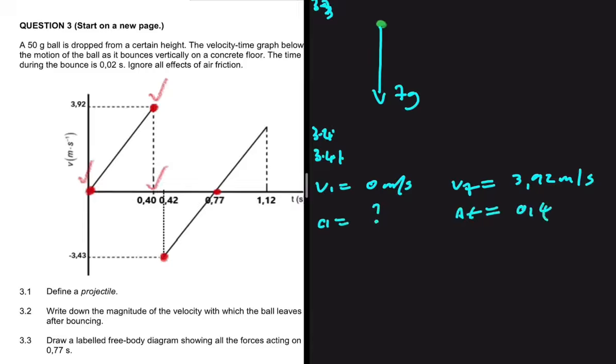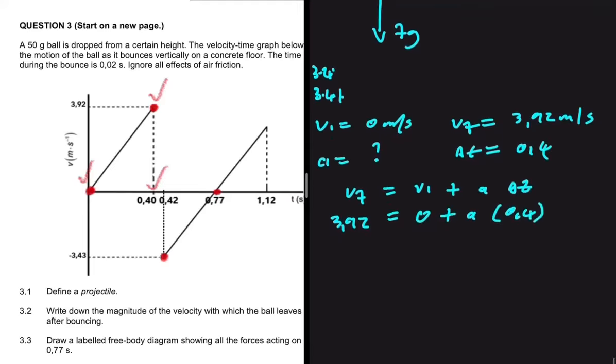So we're going to have VF equal to VI plus A delta T. We say that VF is 3.92 and VI is 0 because it is dropped, right? Plus A multiplied by 0.4.